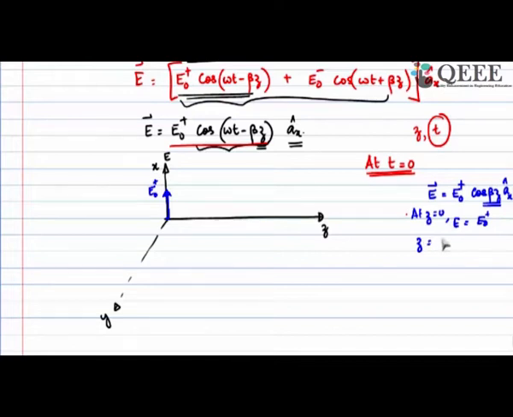At a z such that beta z is equal to pi by 2, which means z is equal to pi by 2 beta, cos reduces to 0, and the vector reduces to 0. In between, the value of the vector is going from E naught plus to 0. This is what the vector is doing: at z equal to 0 it is E naught plus, and at z equal to pi by 2 beta, it is reduced to 0.